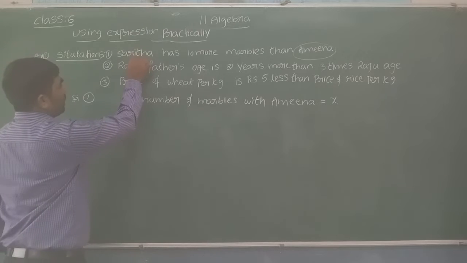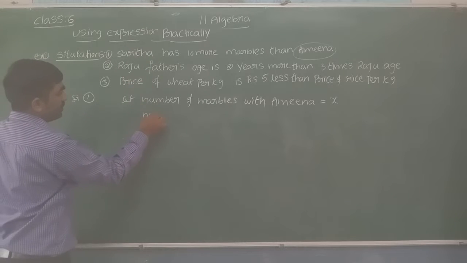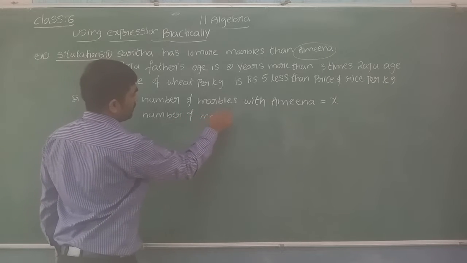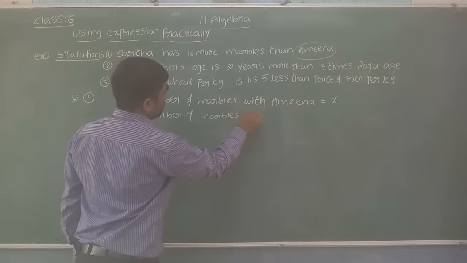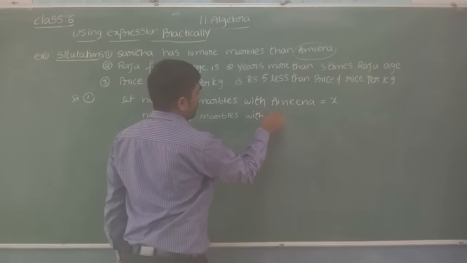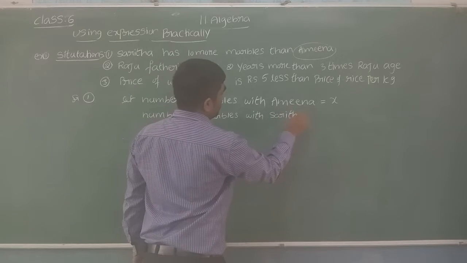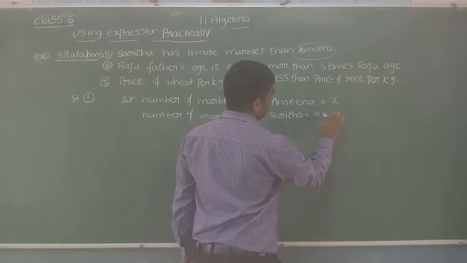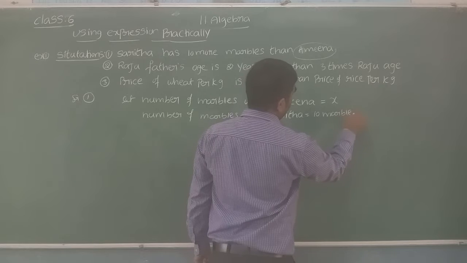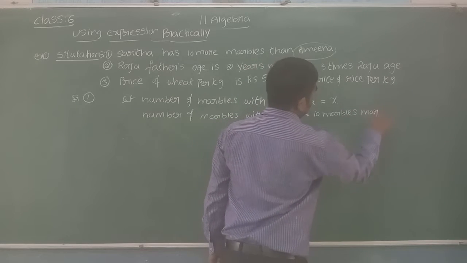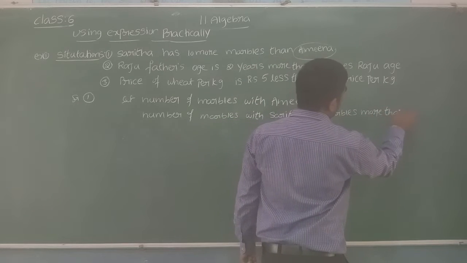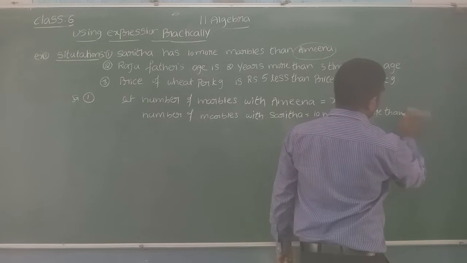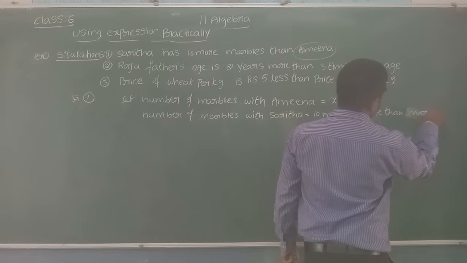Now we'll find out how many marbles are there with Sarita. Yes, we'll write here: number of marbles with Sarita is equal to what, beta? 10 marbles more than marbles with Amina.